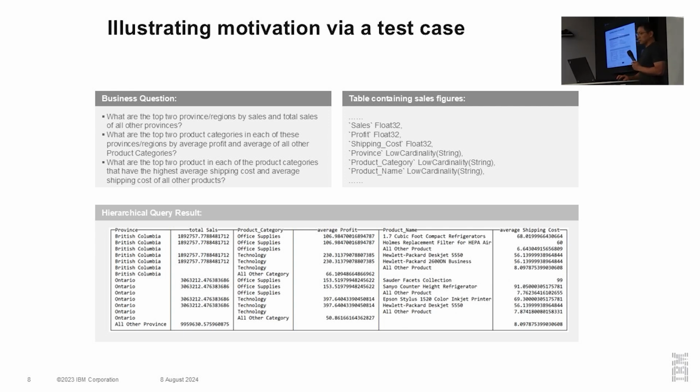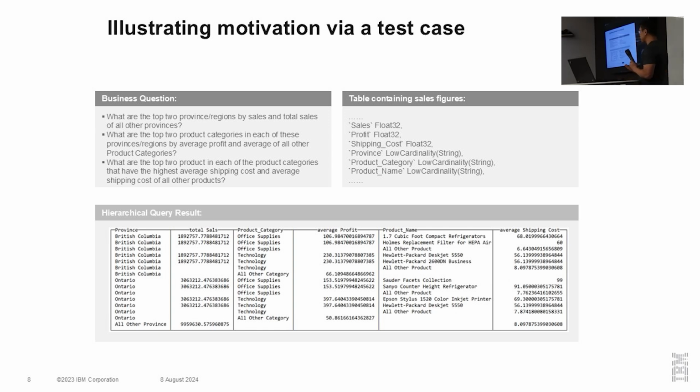For example, I have a table containing sales figures: shipping cost, profit, sales, and also some geographic information, province, and product information, product category and product name.